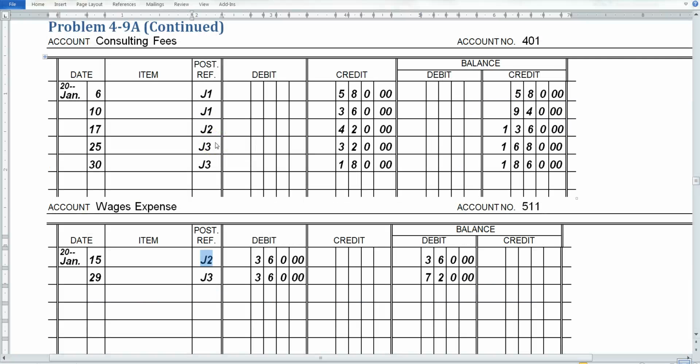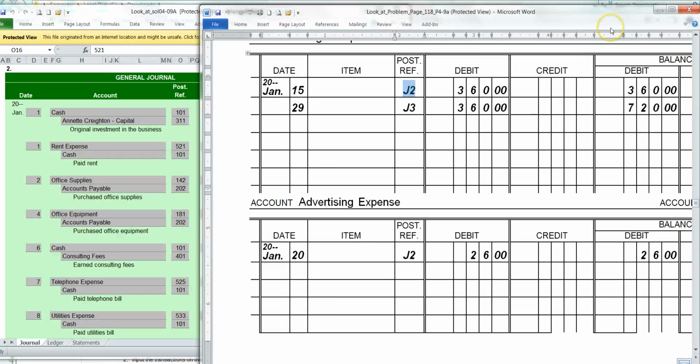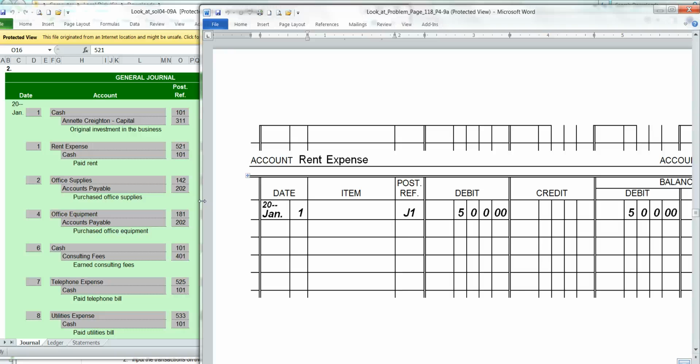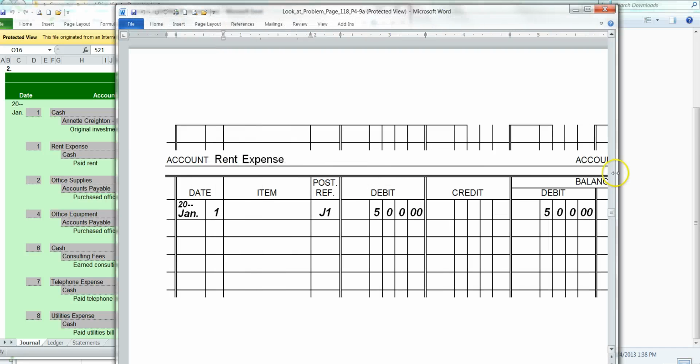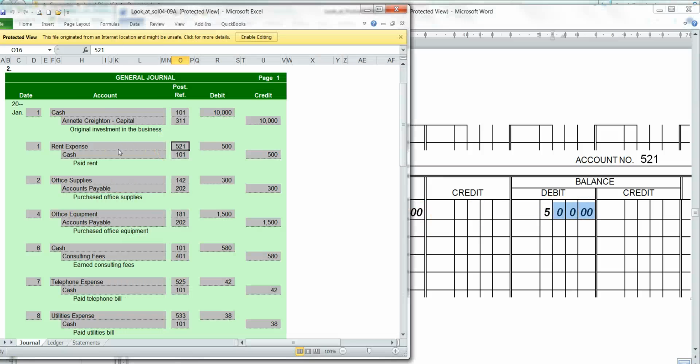Which fees was it? Was it advertising? Rent expense. So here's our 500 account. 521. January 1st. Journal page 1. It's a debit of 500, and we bring the balance over.